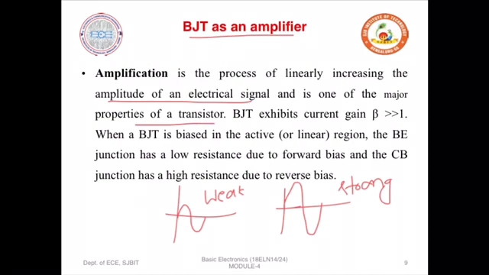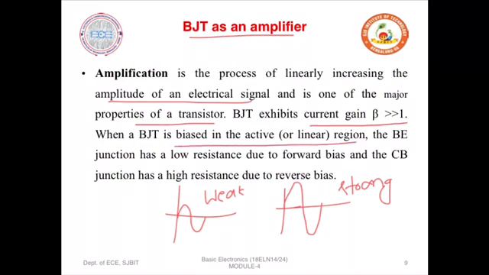The BJT is a current controlled device and we are dealing with current gain, represented as beta, which is very much greater than 1.